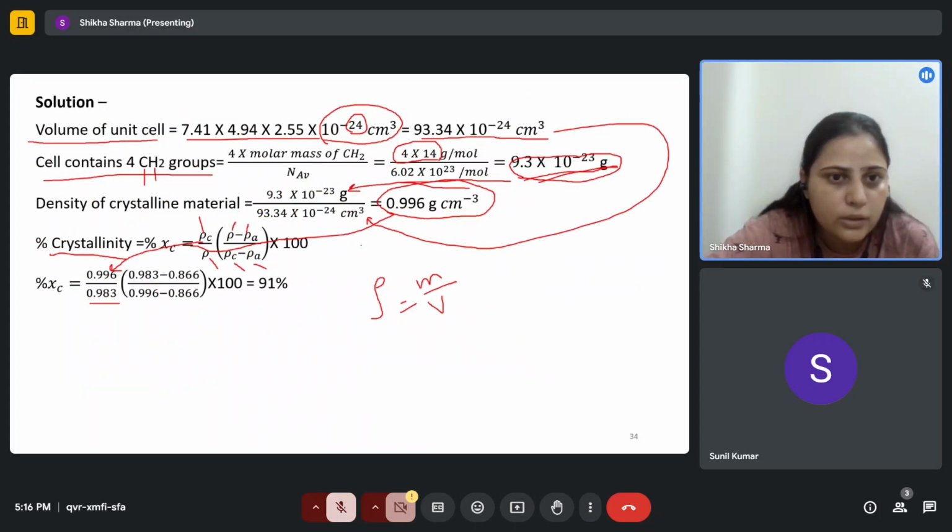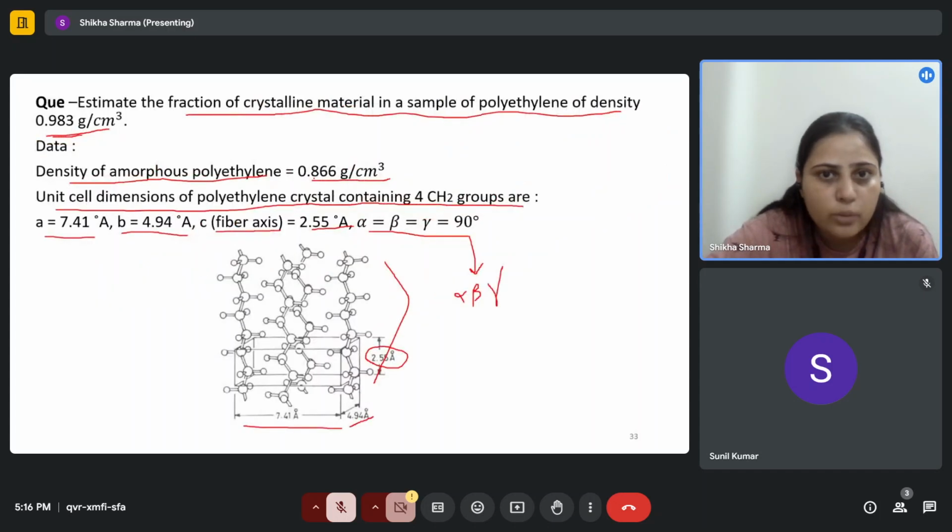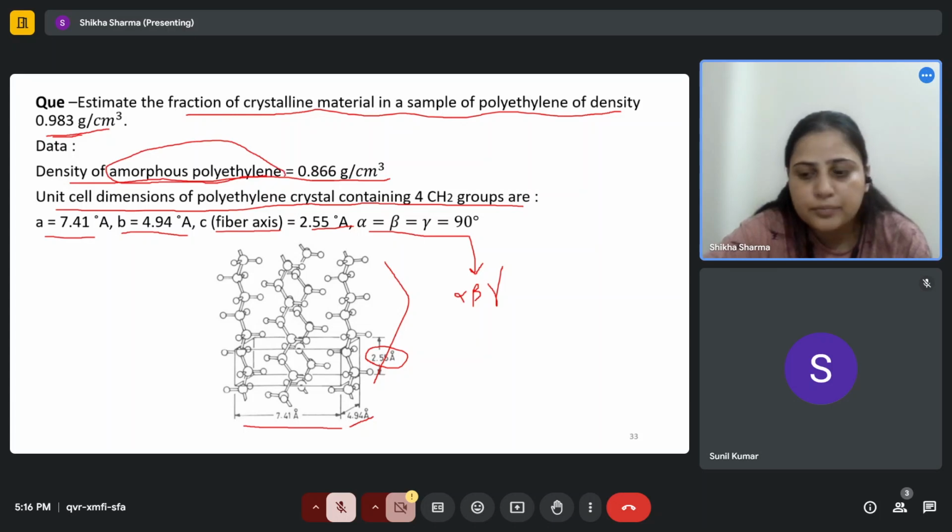0.866, which is given in the data. 0.866 is the density of the amorphous polyethylene, right?